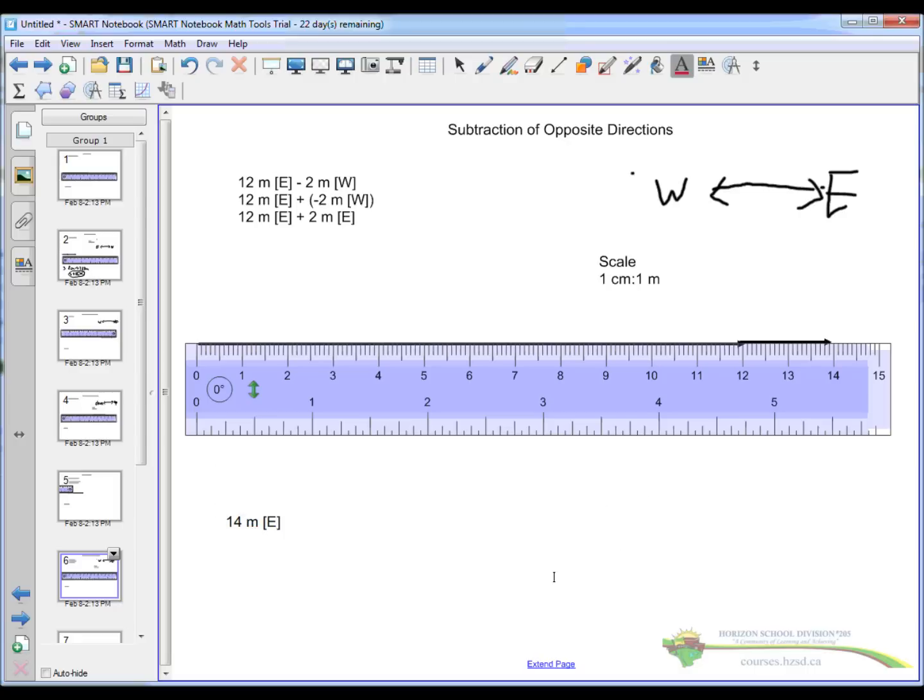All right, that's how you calculate the addition and subtraction of vectors graphically in one dimension. We'll do some more videos when we get into two-dimensional adding and subtracting of vectors.